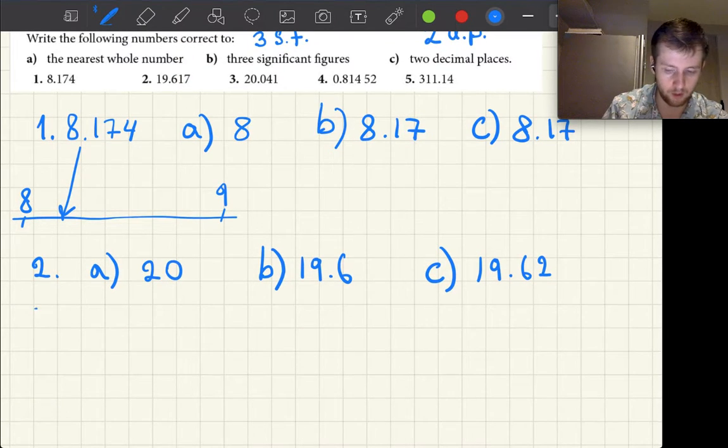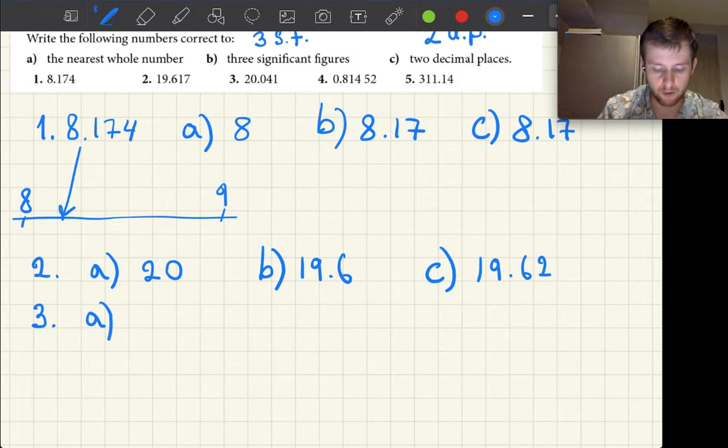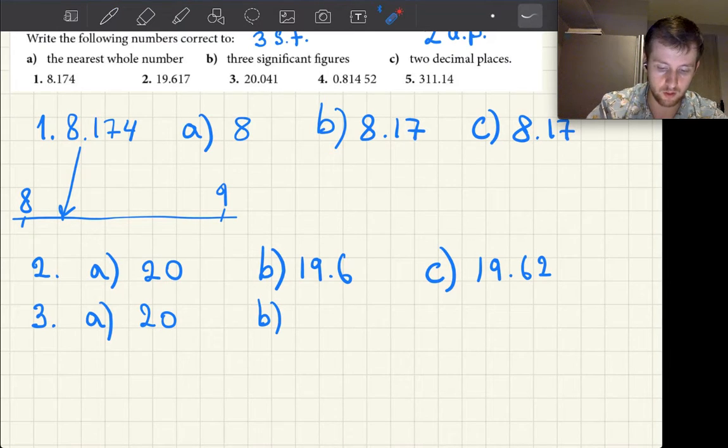Then we have 20.041. The nearest whole number is of course 20. For 3SF, that's the first one, 1, 2, 3. This is three significant figures, so we round at the last one, which is 0. After it is 4, so it stays 0.